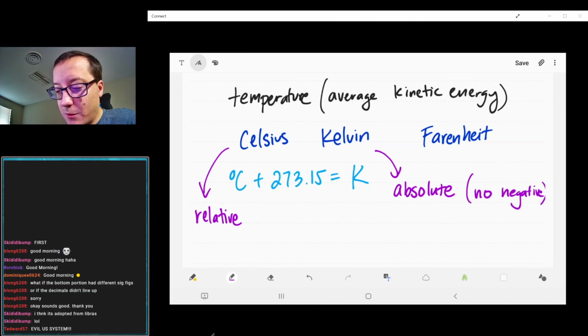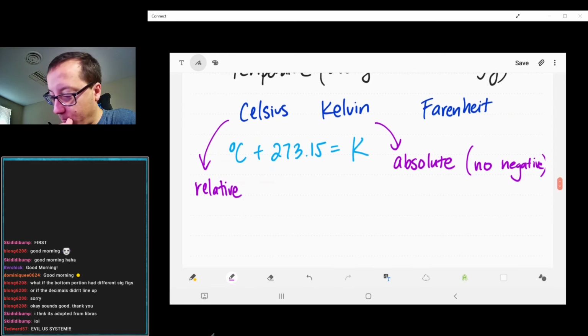And so we're going to see that an absolute temperature is going to be the one we're going to be using when we deal with gases, for example. But the relative temperature is more familiar to us. That's the one we're used to saying, whatever is below zero, that's technically a negative. That's going to be a relative scale. We say that for Fahrenheit, of course, as well.